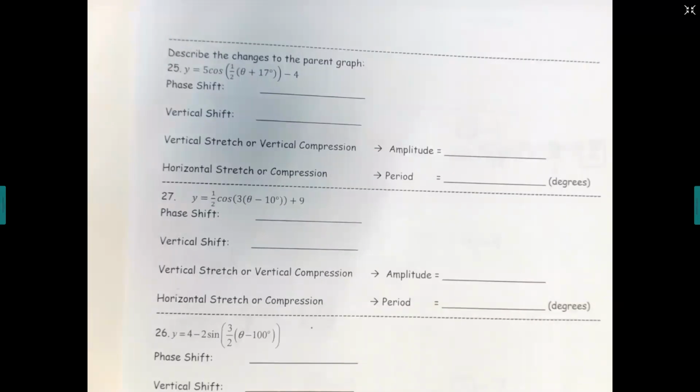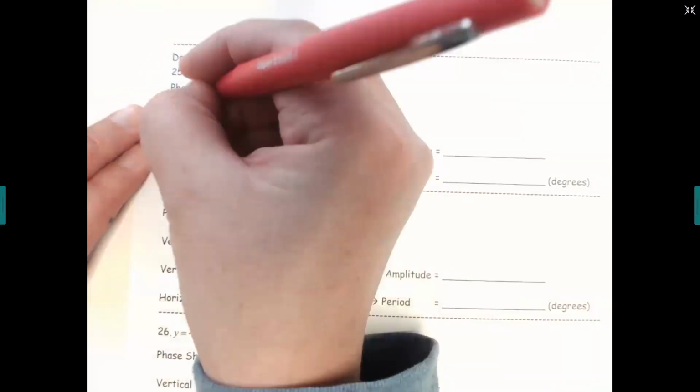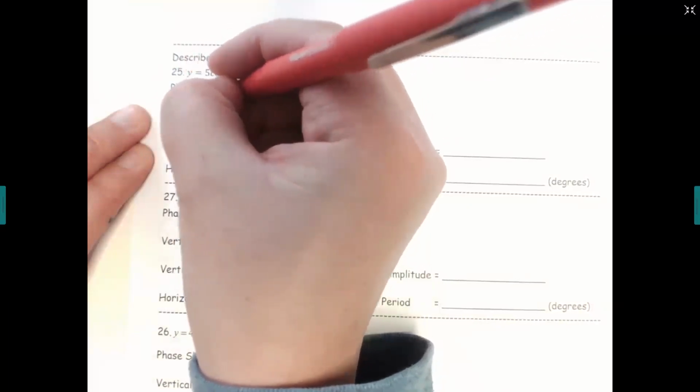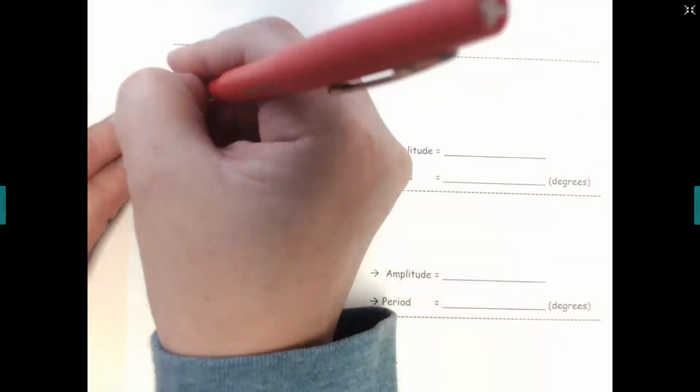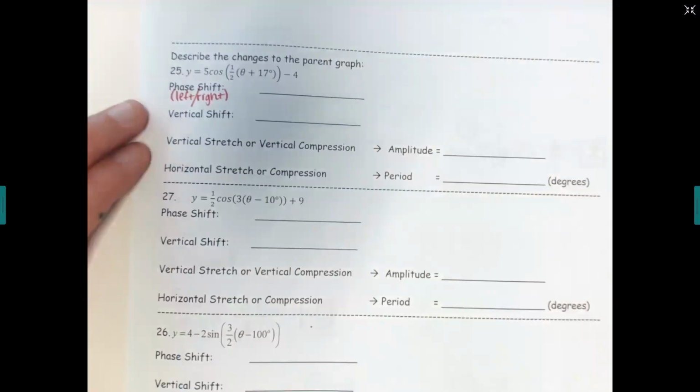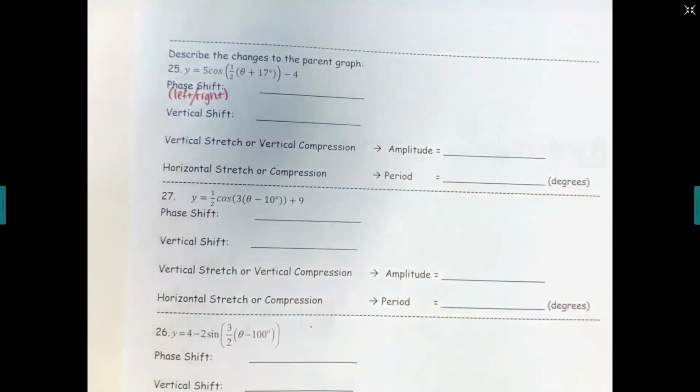Okay, the phase shift. This is all stuff that you learned when I wasn't here. The phase shift is the left or right number. It does have a special name for trig, but it's the left or right shift. So looking at your equation, which number controls going left or right in the equation?